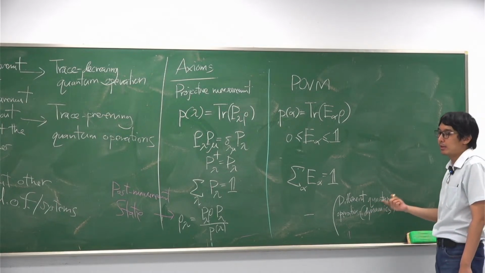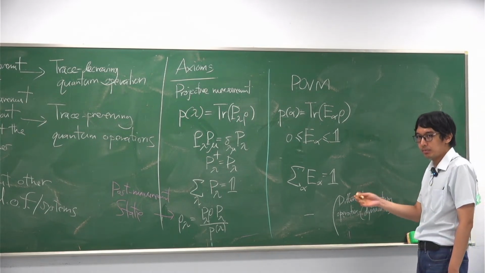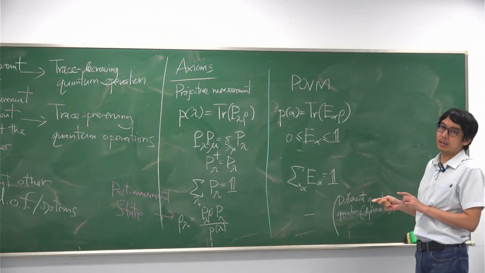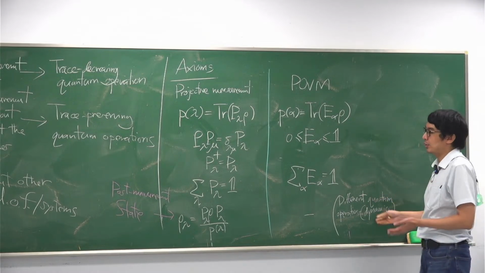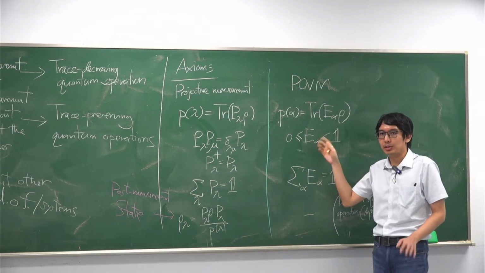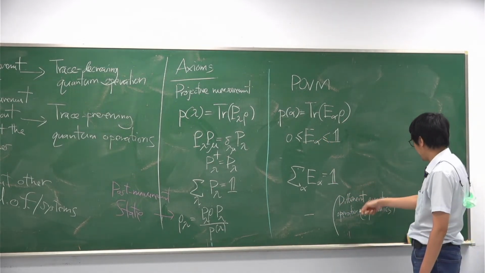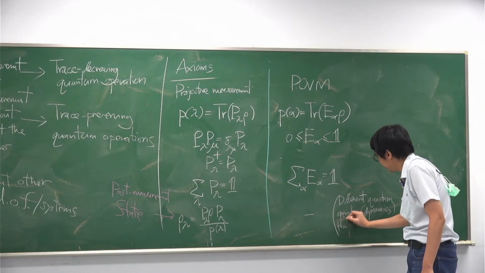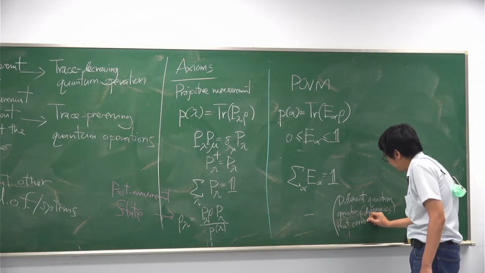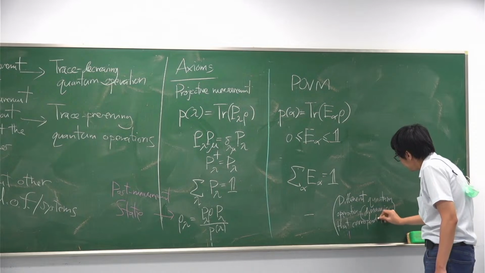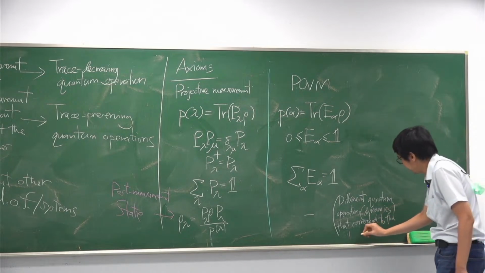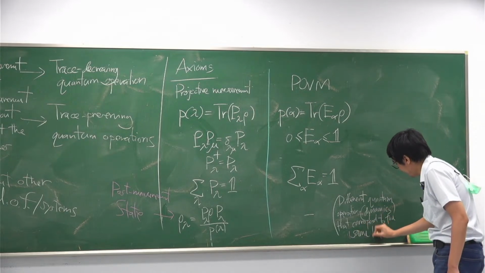There can be different dynamics that give you different post-measurement states, but still give you the same measurement statistics, which is what is given by POVM. So the way to say this is that there are different quantum operations that correspond to the same POVM.